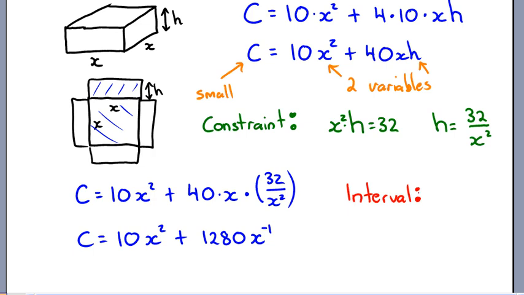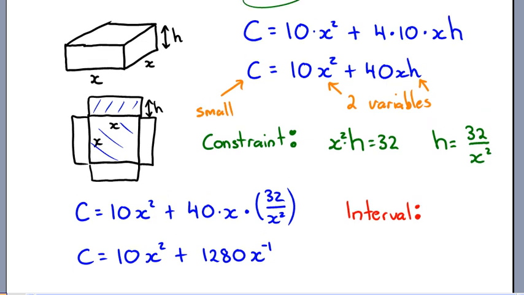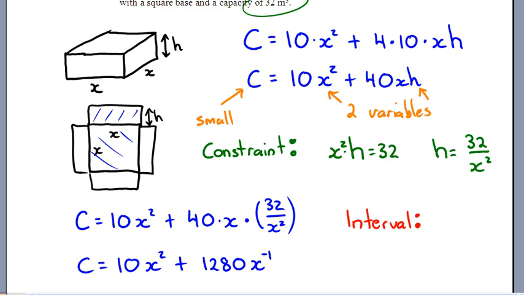What are the range values here for x? What is the smallest and the biggest it could be? Well, you could make that bottom very, very small. It'll have to be a super tall box in order to have enough room for 32 cubic meters, but there's really no limit on how small you can make it. You just can't quite make it 0. So I'm going to put a soft edge on that 0. And you actually can make the box super wide. You could make it 80 meters by 80 meters.